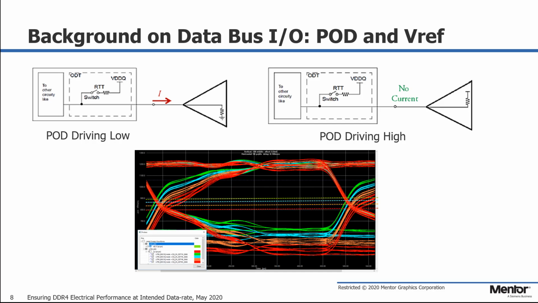And the red eye uses 60 ohm ODT. As can be seen, the center voltage varies with ODT settings. Note that not only at the one DRAM, but the center voltage can also vary at different DRAMs due to different loading effects.